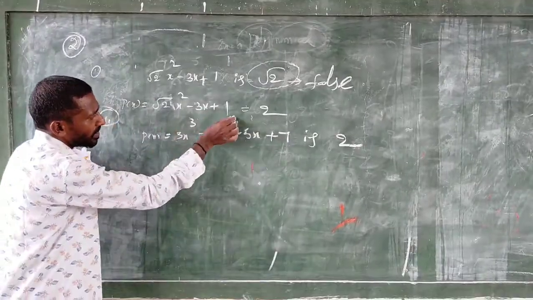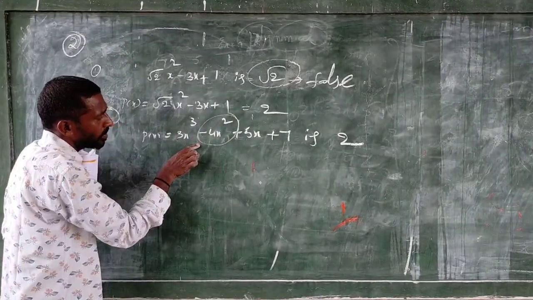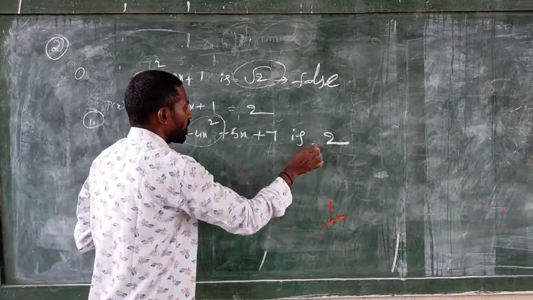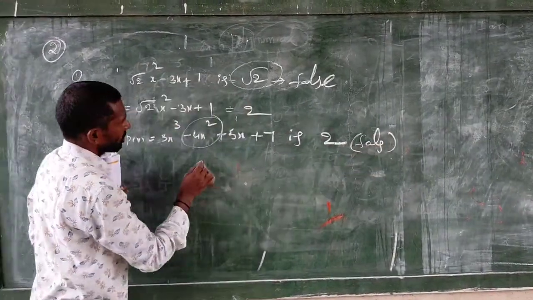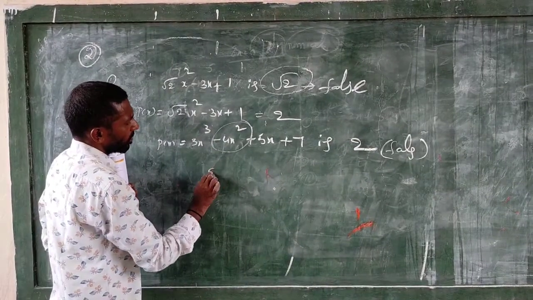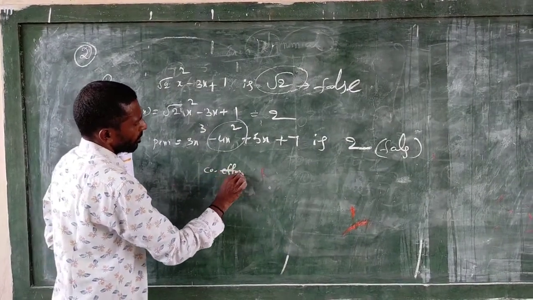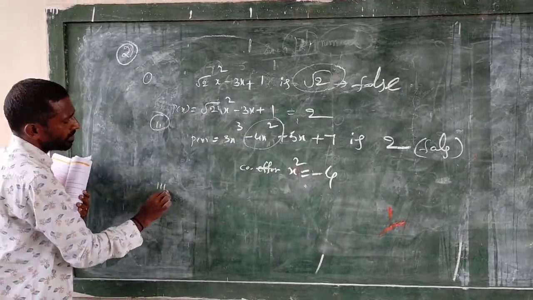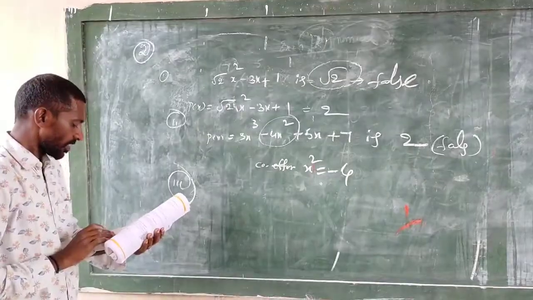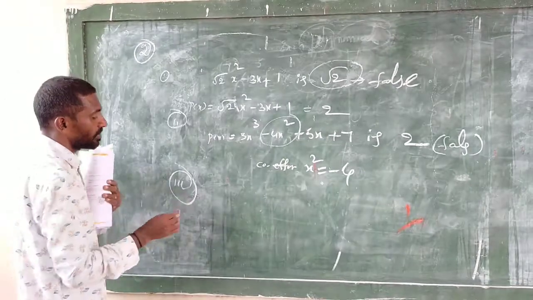The coefficient of x square is minus 4. So 2 is wrong and false. The right answer is that the coefficient of x square is minus 4. And next, third one: the degree of a constant term is 0.